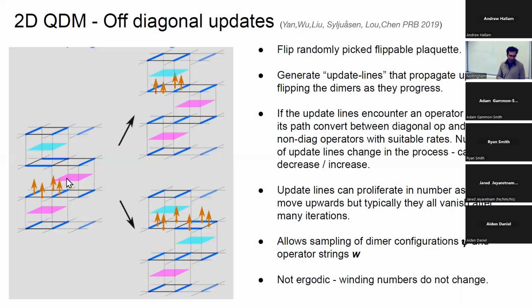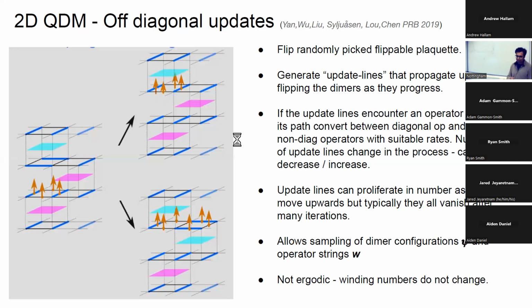So if I have 4 update instructions coming from having rotated the dimer configuration here, in the next time step, I could change the operator configuration, the vertex configuration, and also increase or decrease the number of update instructions above, or just continue without changing the vertex.